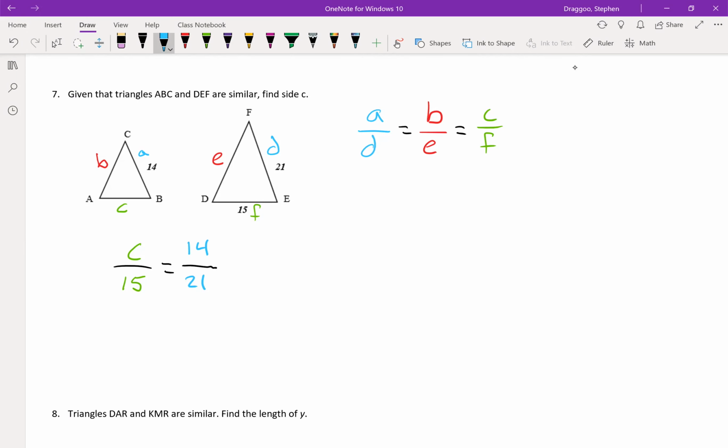Yep, this should be A divided by D. So solve that thing for C. Suppose I can start by simplifying that 14 over 21 and say that that is 2/3. Then I'll multiply it by 15. By doing so, 15 over 3 is 5. 2 times 5 is 10. So that's my missing side C.